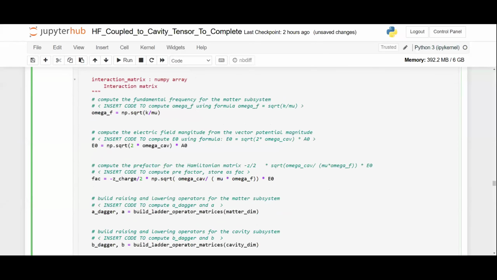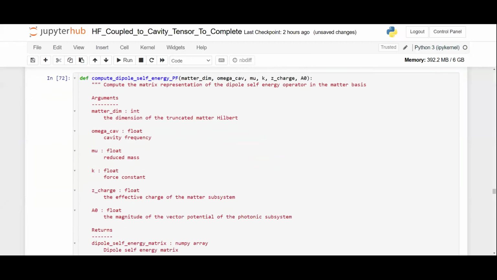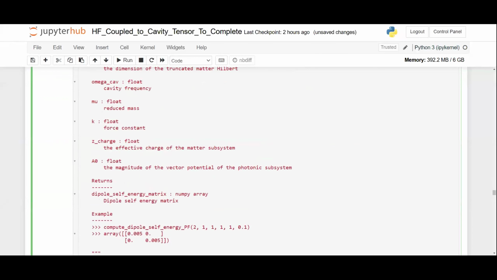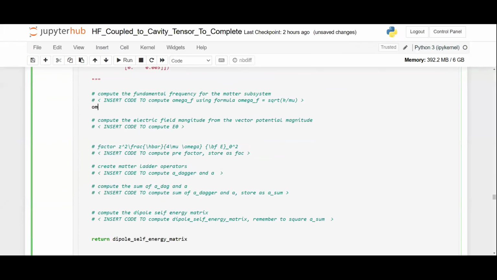Okay. And then we can move on to calculate the dipole self-energy term for the Pauli-Fierz Hamiltonian. And this only includes the matter operators, A dagger and A. So first, we're going to compute the cavity fundamental frequency again, which is just the square root of k over mu.